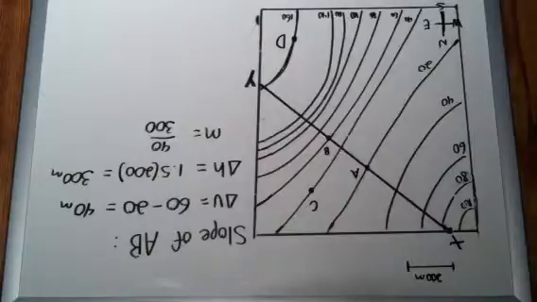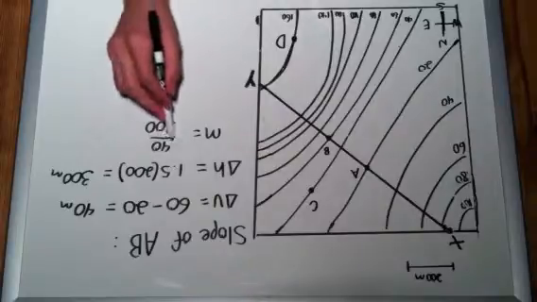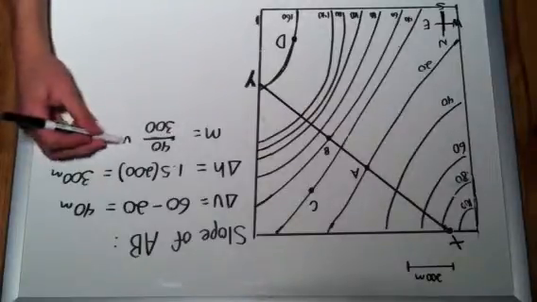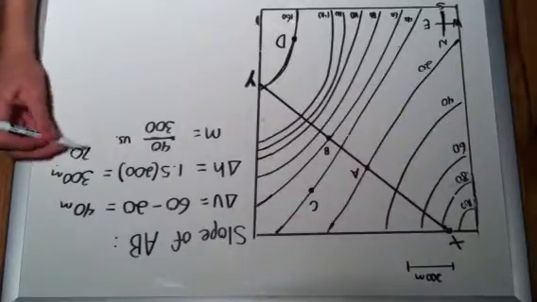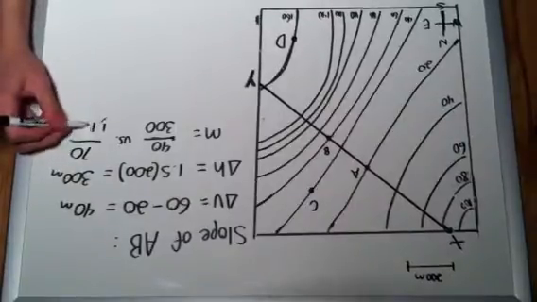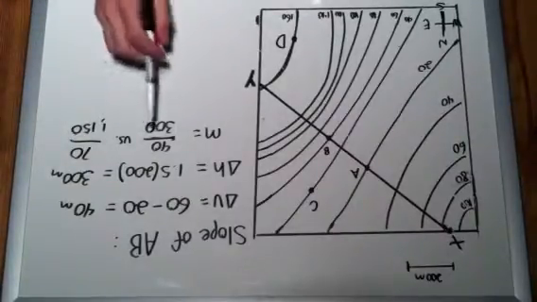Now obviously, just because of the way I drew this, I scaled it down a bit too much perhaps. But you can just tell by comparison, 40 over 300 versus 70 over, what was it, 1,150, right?